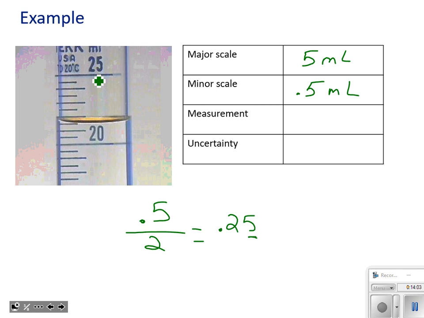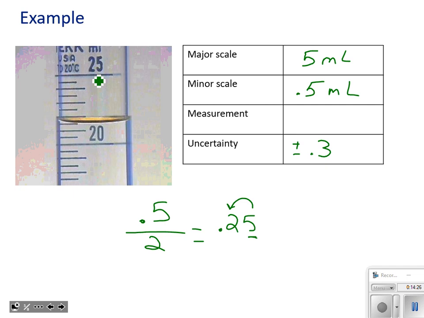So I am going to be calling this uncertainty plus or minus. I'm going to round that up, even though that's not obeying the even rule. So my uncertainty here is going to be 0.3.